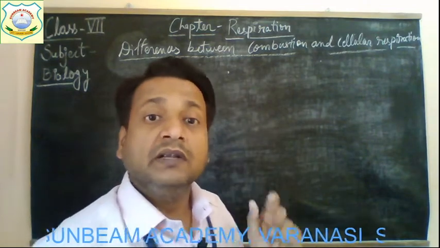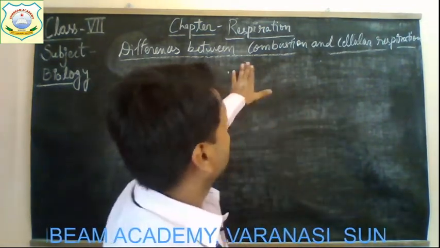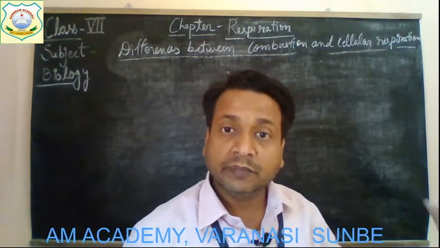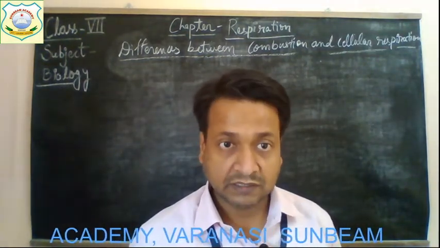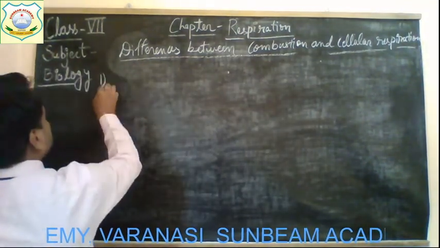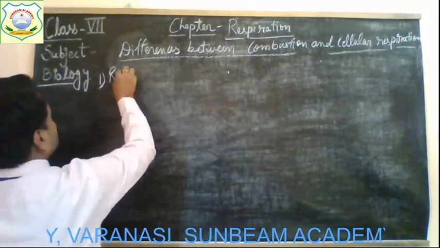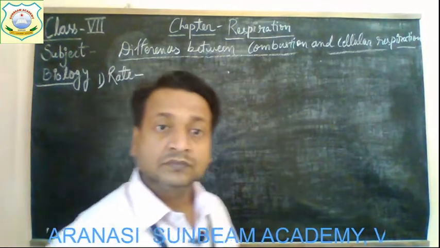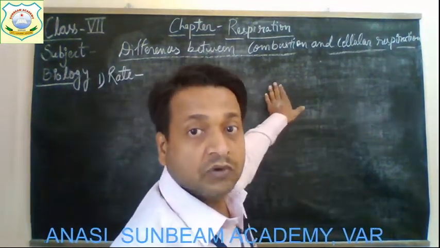Now, children, we will differentiate these two, combustion and cellular respiration, on the basis of certain parameters. The first parameter I'm going to take is the rate of these two processes.